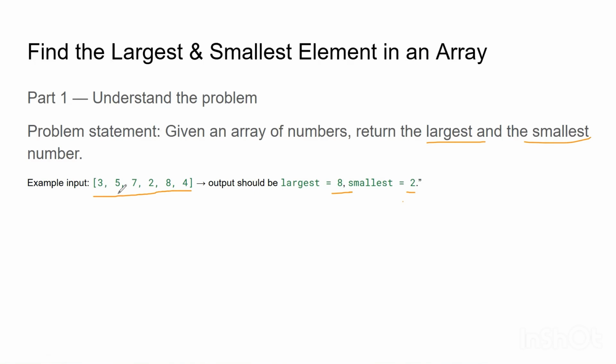We have to return the largest number from this array and the smallest number from this array. Like we have seen in this example, 3, 5, 7, 2, 8, 4. The largest is 8 because we don't see any number which is greater than 8 or any number that's smaller than 2. All right. So this is the problem statement and we've understood this very clearly.